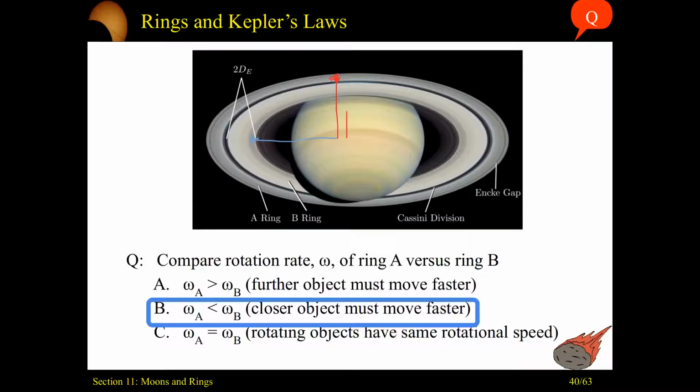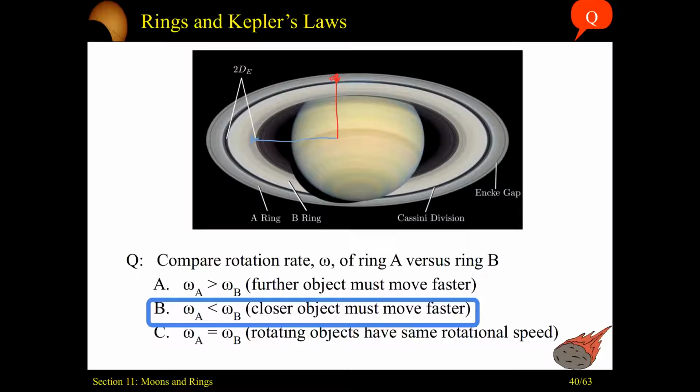So the radius is bigger for the A ring versus the B ring. Well, what does that mean? That means that the force is greater on the B ring than it is on the A ring. A greater force means it's going to have to rotate faster.